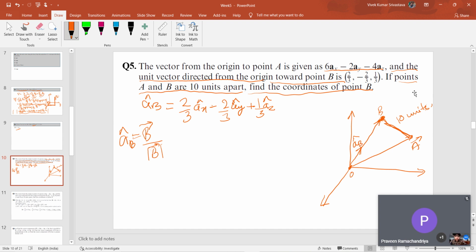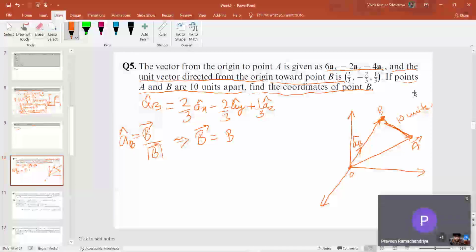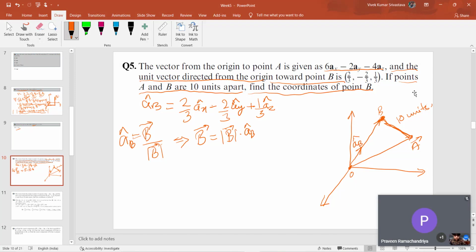Okay, so that's how you get the unit vector. Let us now find the vector B. So this will be equal to the modulus of vector B into AB. AB is already given to you, so here you can put the value of AB.